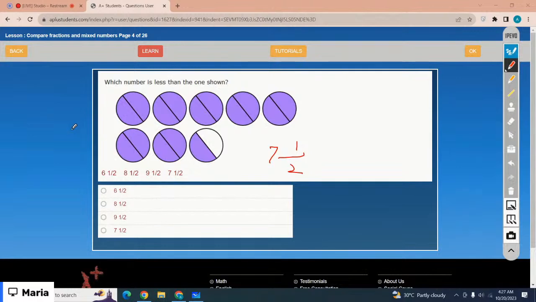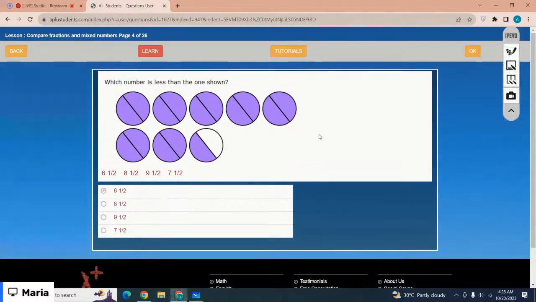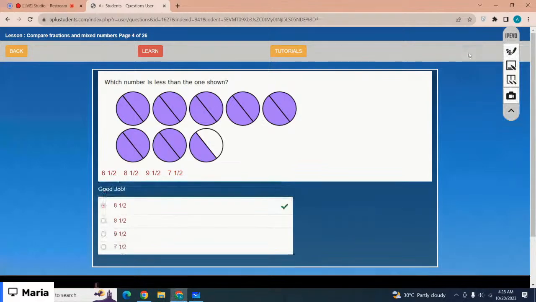So 6 is less than 7. So that means 6 whole 1 over 2 is less than 7 whole 1 over 2. Got it? The correct option is 6 whole 1 over 2 is less than the number shown.